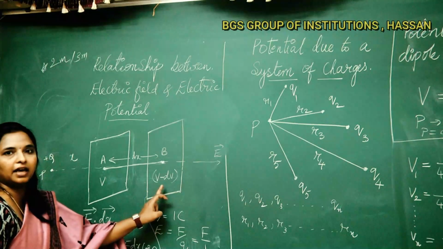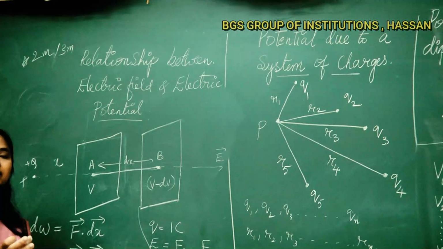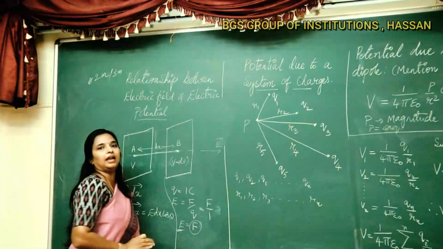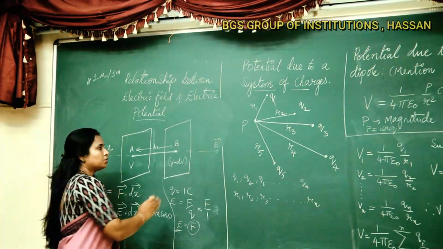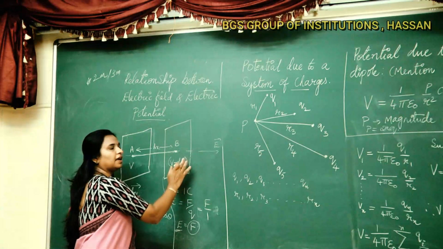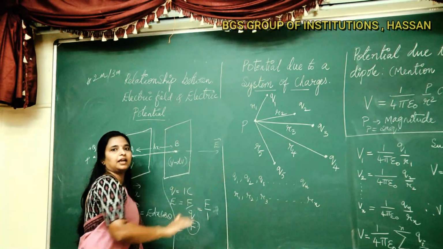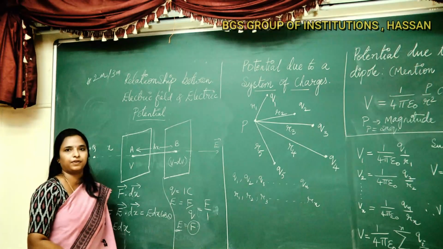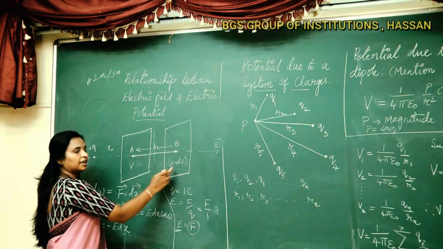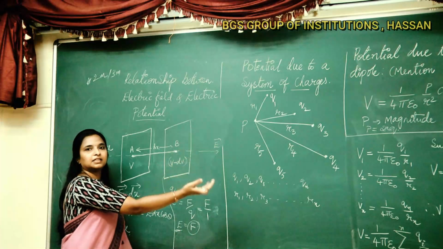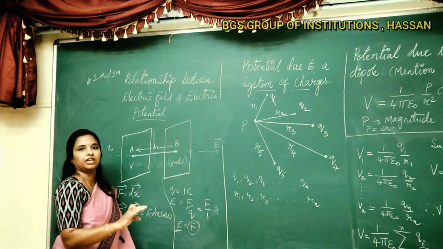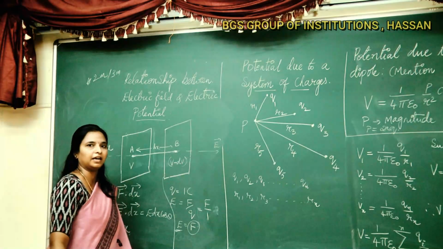It is a decrease in potential towards the electric field. It's very important. So why have we taken decreasing potential towards the electric field? Because the work done is against the electric field, isn't it? Work done is against the electric field. That is why there is a decrease in potential in the direction of the electric field.